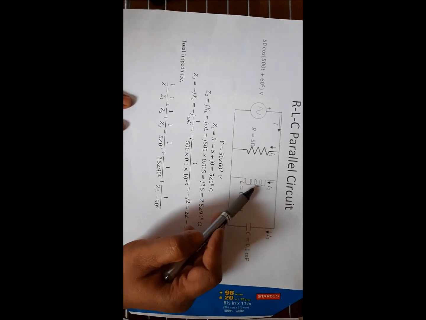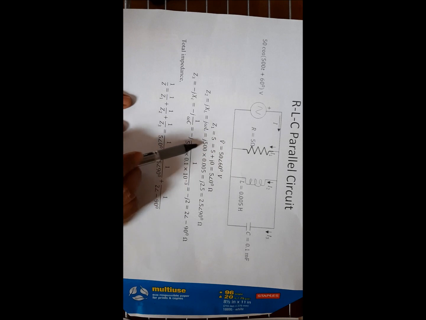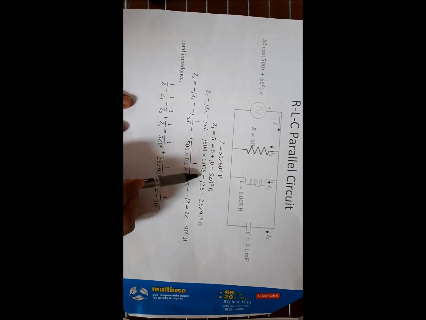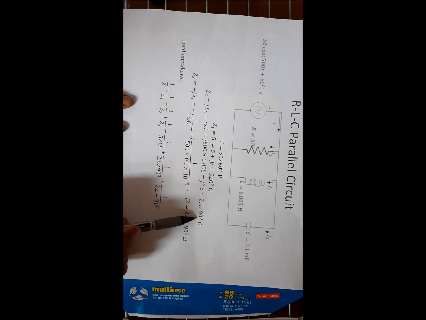And here L is JXL or J omega L, and omega is 500. You can see here 500, and this is the L value, so equal 2.5. In rectangular form it will be J 2.5, in polar it will be 2.5 angle 90 degrees.